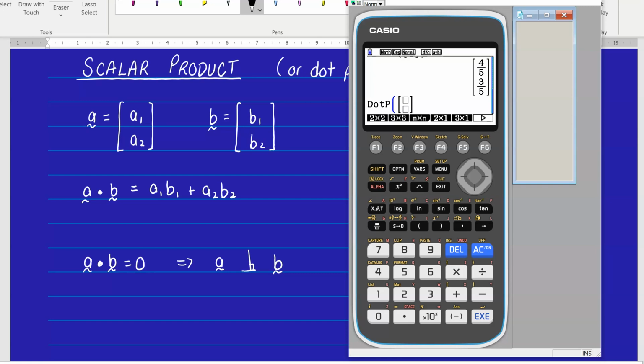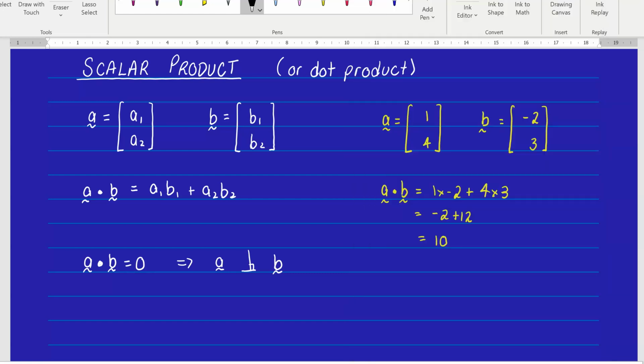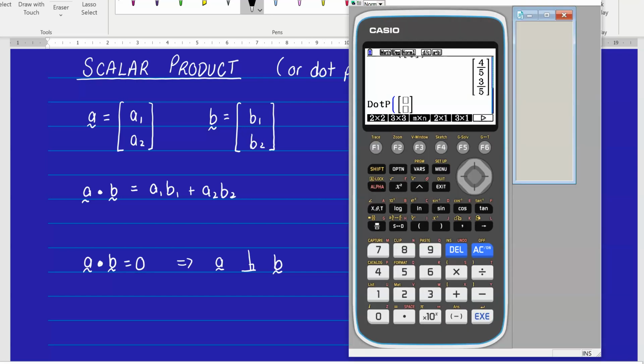I've forgotten what it was. (1, 4). So you pop in 1 and then 4. You can see already this is more work than just doing it by hand. Then push the 2, 1 again, (-2, 3). Close your bracket, and yay, we got 10.